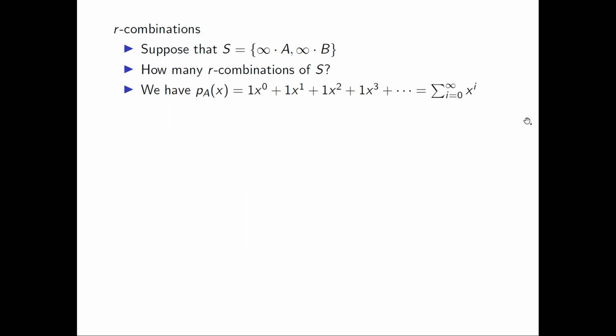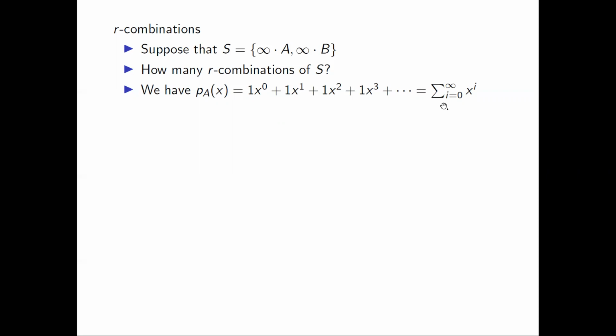We'll define these polynomials, P sub A and P sub B. This time P sub A, since there's infinitely many A's we can use, has a coefficient of 1 next to every power x to the I. So it's possible to have any possible number of A's, I A's for any I. And there's only one way to have I A's because all the A's are the same. So we get 1x to the 0 plus 1x to the 1 plus 1x to the 2 and so on, going forever to infinity.